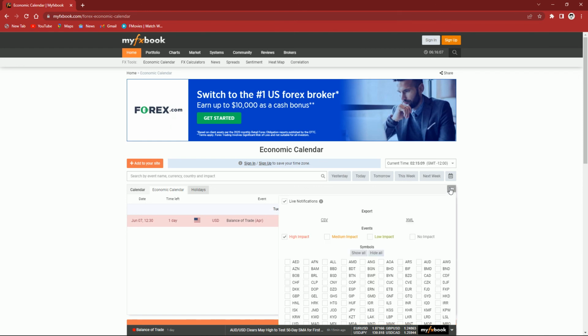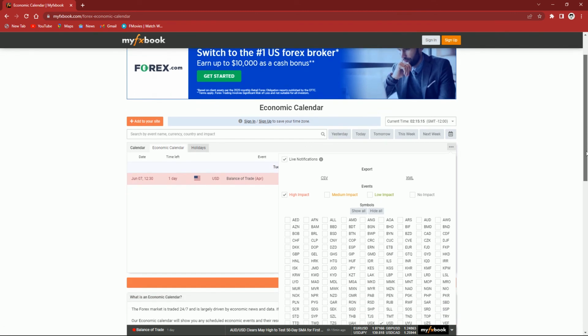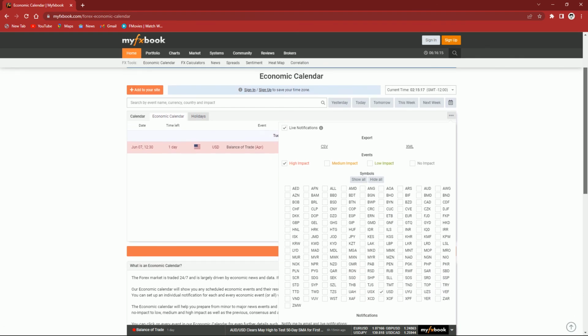This is where you can filter out all the events that are not necessary, the ones that you don't need, and the level of the impact that they have towards the market. You can go to those three dots there and filter out everything that you don't need. Me, I only need US dollar events, because that's what I've seen that NASDAQ is influenced by.